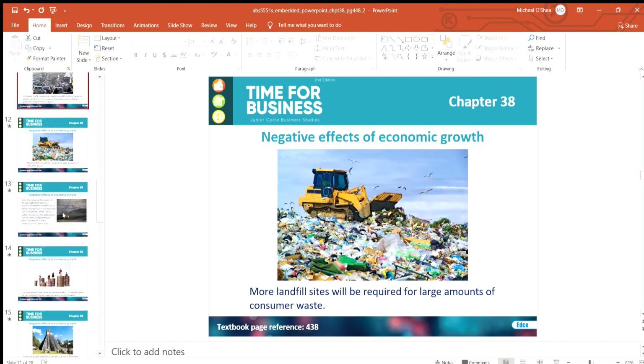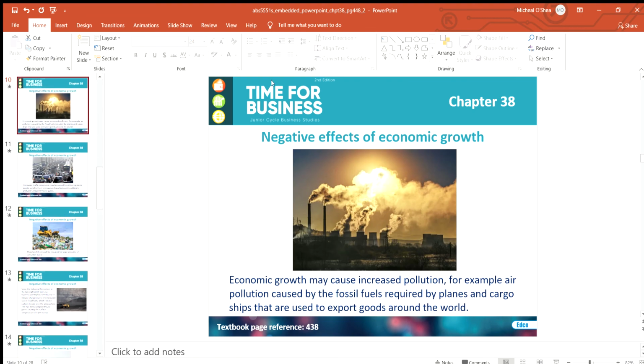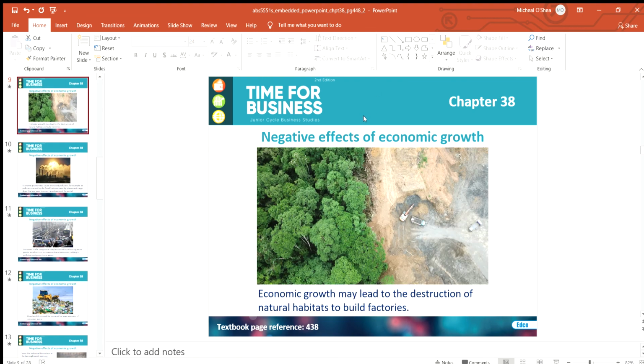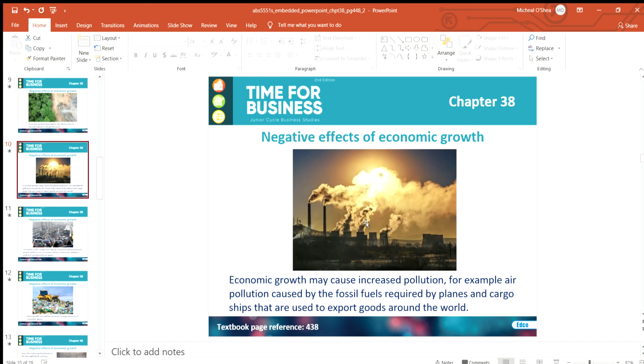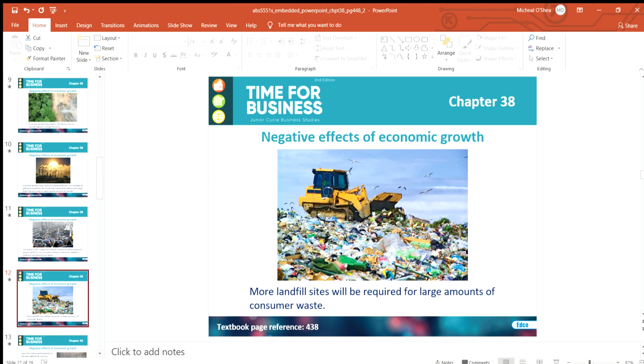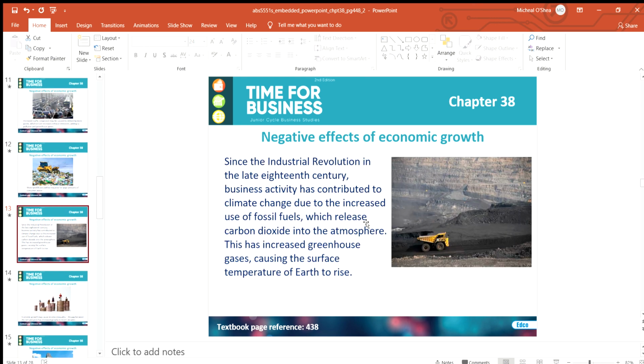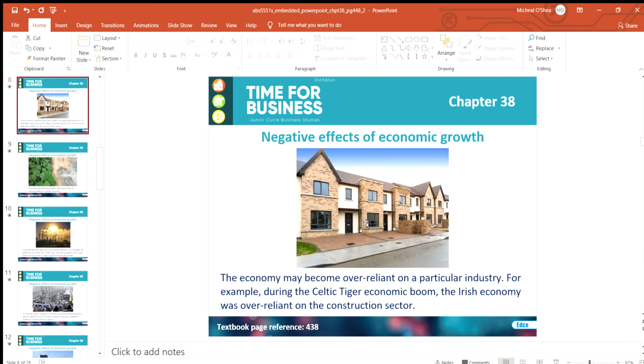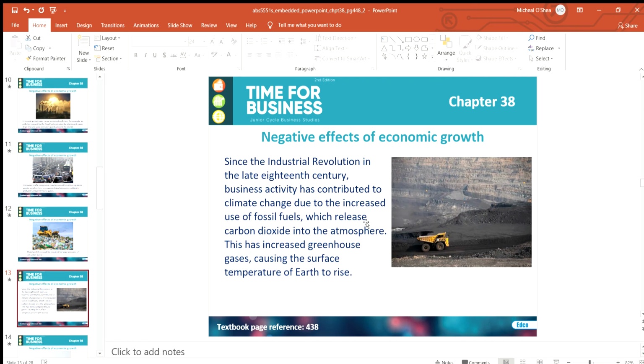I would say our biggest focus for negative effects of economic growth is on our pollution: the increase in fossil fuels, our increase in deforestation, our emissions from cars, and our pollution from landfill sites. Those, I think, are the bigger areas.